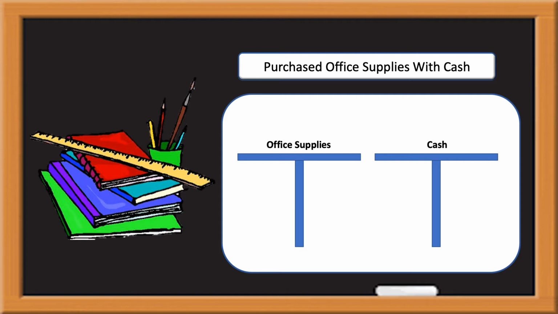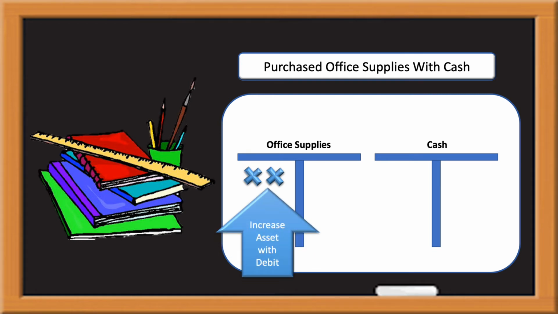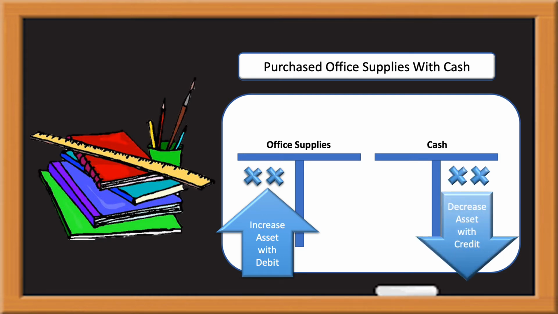Both of these accounts are assets. To make an asset go up, you put it on the debit side, and to make an asset go down, it goes on the credit side. Since we gained office supplies, we're going to put that amount on our debit side. Since we used cash, our cash will need to go down, so we're going to decrease that asset with a credit.